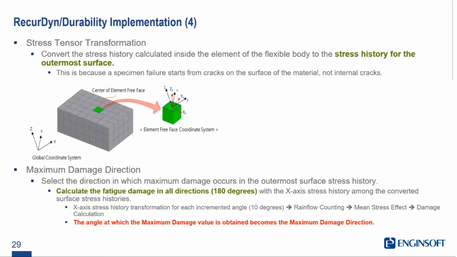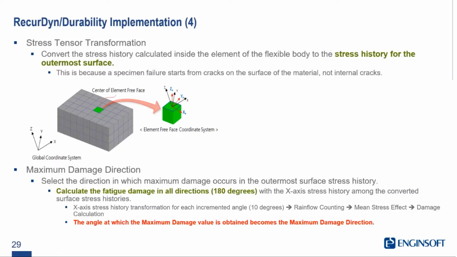And then the other thing that has to be done is calculating this maximum damage direction. Just to clarify one thing before we keep moving on, this is all really handled behind the scenes for you. It's just helpful to understand what some of the options are telling the software to do. So we have to calculate this maximum damage direction.